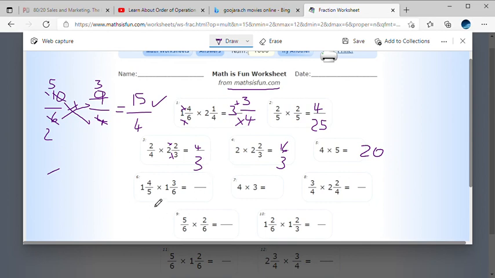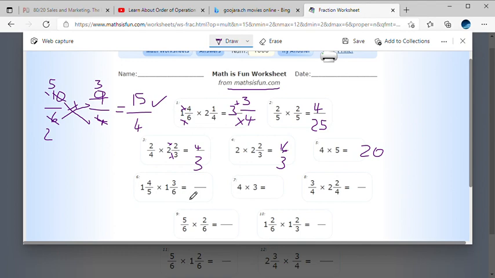For number 6, we have 1 and 4/5, which is a mixed fraction, and we want to turn it into a proper fraction, and then we could simplify and get our answers. You only simplify when it's necessary.